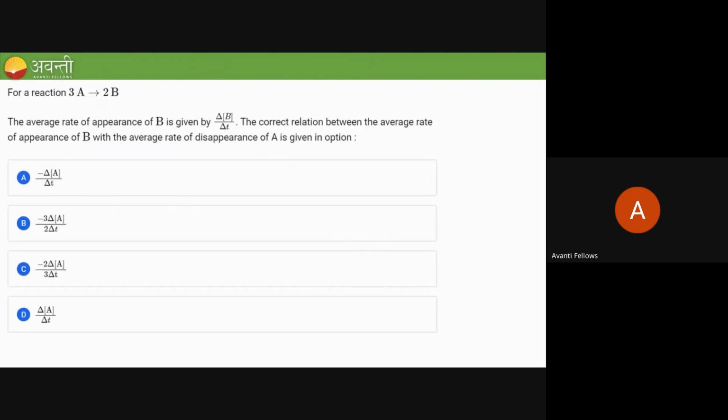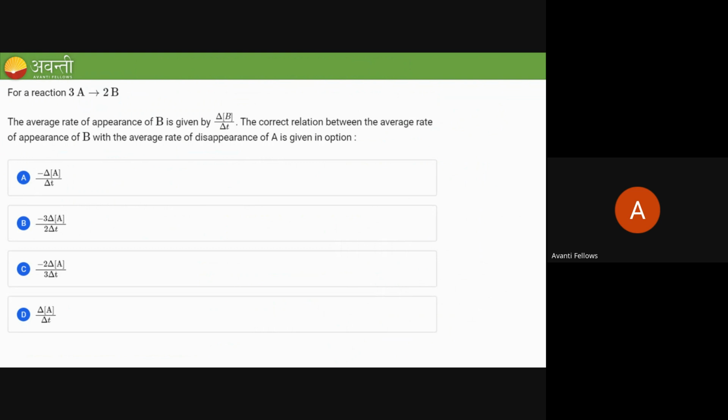Question number 1 says that for a reaction 3A giving 2B, the average rate of appearance of B is given by delta concentration of B by delta t. The correct relation between the average rate of appearance of B and the average rate of disappearance of A is given in the options.